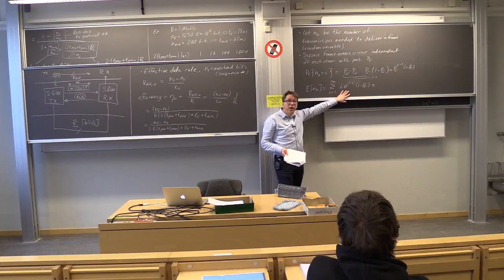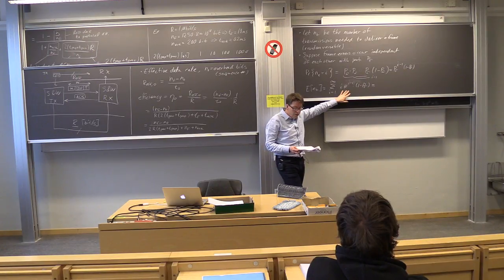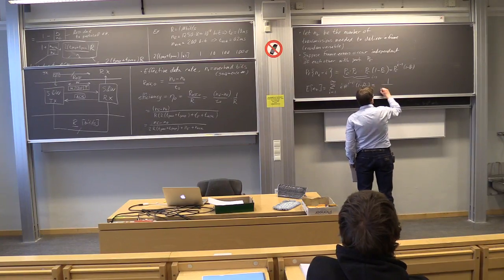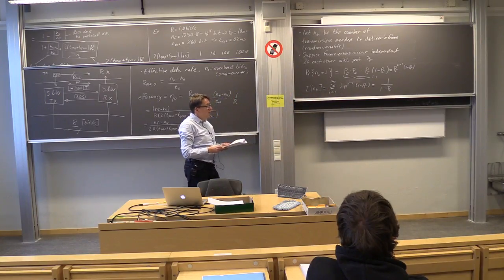Okay, so this is the expected value, the expected number of transmissions we need to do. All right, so here we see this seems to be one of these sums that we find in our math table. And indeed we do. So I'm not going to bore you with the derivation of this. Or you could just trust me on that. If one goes through this, one sees that this evaluates to 1 over 1 minus PF.